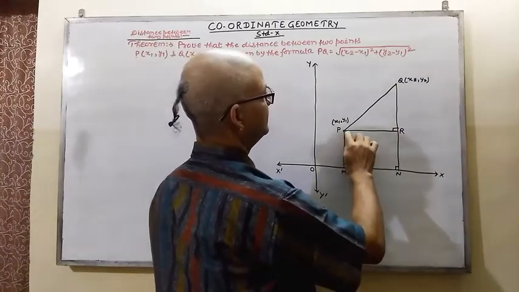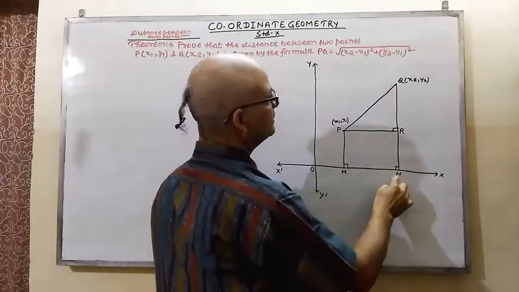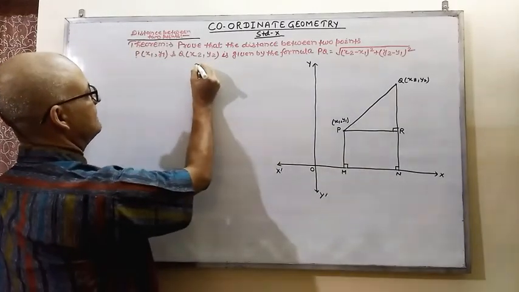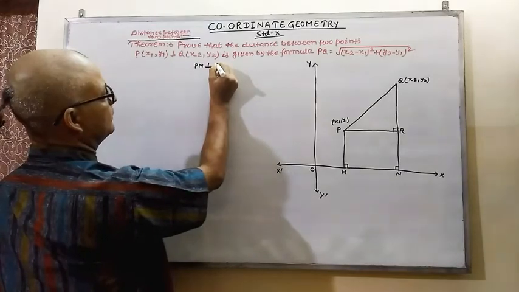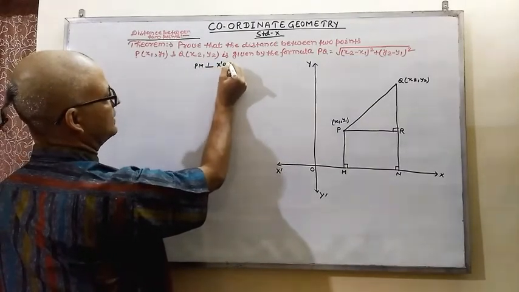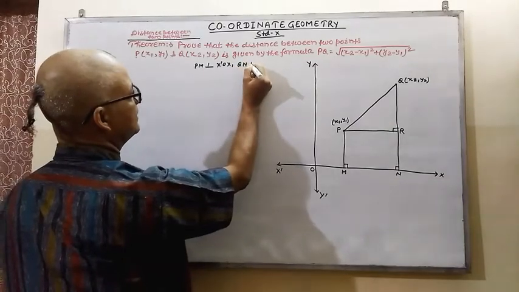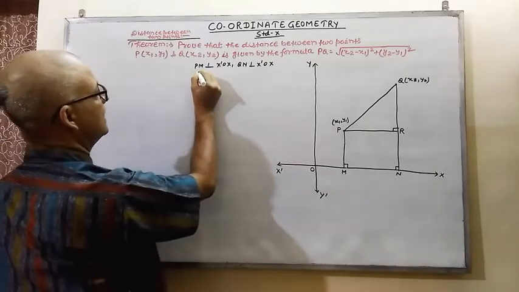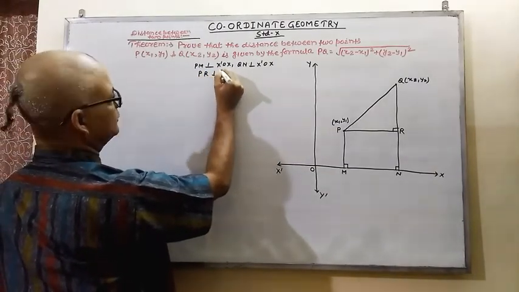And from P draw the perpendicular PR on QN. So here PM is drawn perpendicular to X'OX, QN is drawn perpendicular to X'OX, and PR is drawn perpendicular to QN.